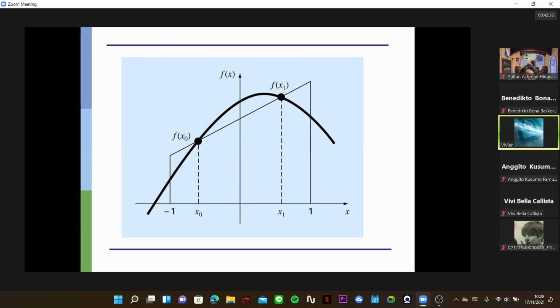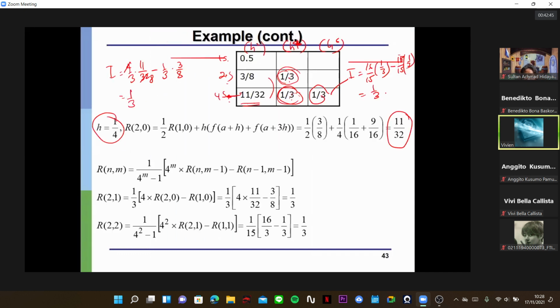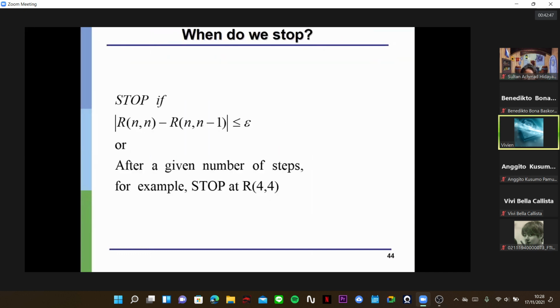But for this course, this will not be discussed in detail. For the integration in this course, there will be 4 methods that are discussed.